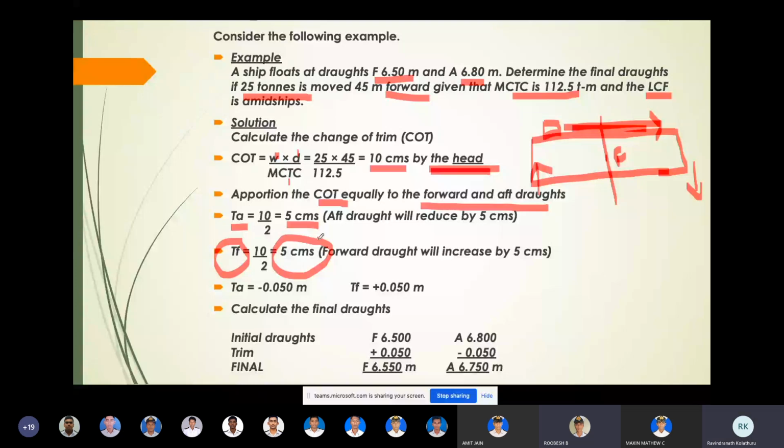Okay, fine, good. So forward you will be adding it and aft you will be subtracting it. The reason being, I am shifting the weights from aft to forward. When I shift the weights from aft to forward, my forward draft will increase. How much it is going to increase, I have already found out, by 5 centimeters. So the forward correction will be plus 5 centimeters, and my aft draft is obviously going to decrease, so that will be minus.